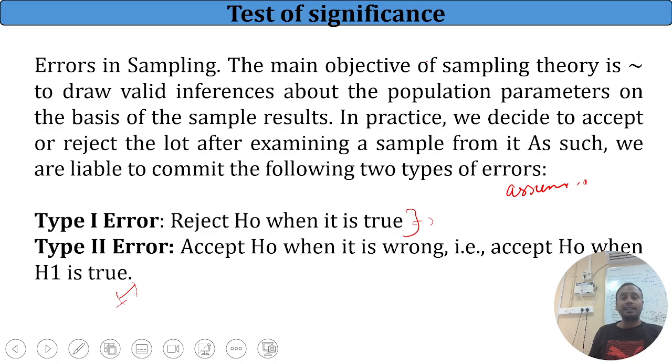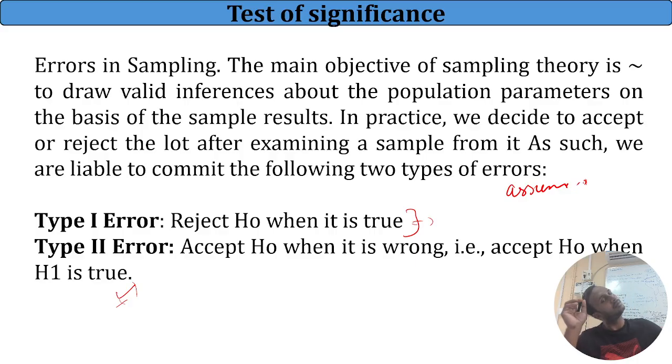Then can anyone tell what is type 1 error and type 2 error? I think we discussed it in the first session itself. Type 1 is the alpha error, where a true null hypothesis is rejected.